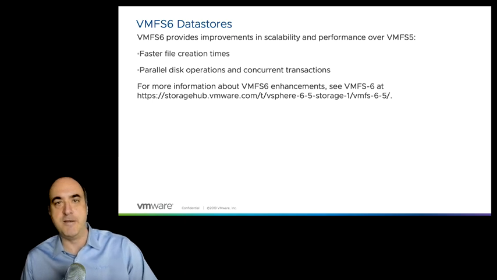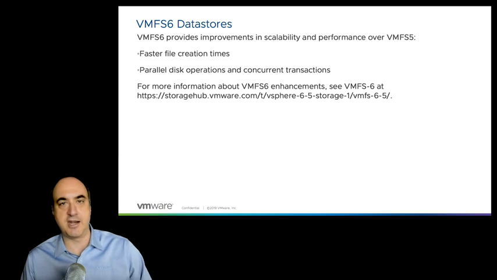Basically, under the hood, VMFS 6 will outperform VMFS 5 in several areas. One of which is this neat new capability of having the small file blocks and the large file blocks: the small file blocks for handling the thin disks, and the large file blocks for handling the larger virtual disks, the thick disks. That has in itself made the file creation time far, far faster for all kinds of disks, particularly with the thin disks though.